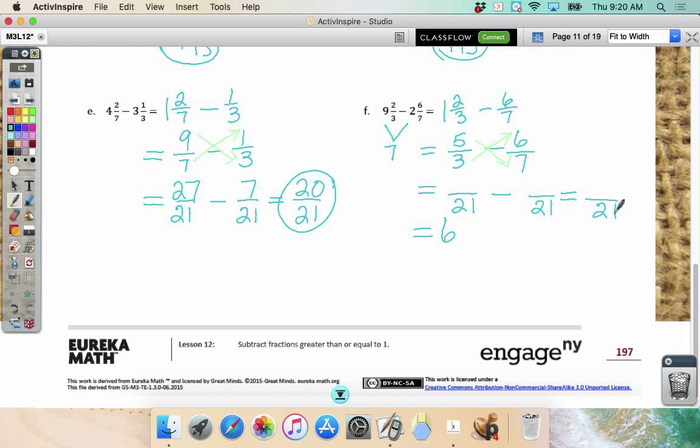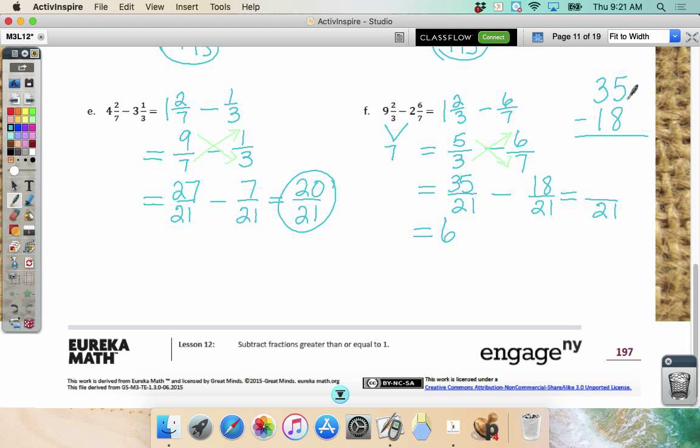So 5 times 7 and 3 times 6. Okay, here's what I'm actually foreseeing a problem. Why do you think I'm foreseeing a problem?